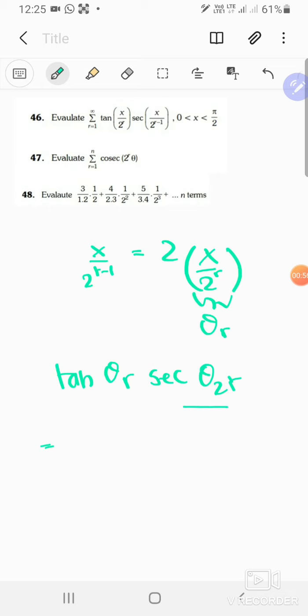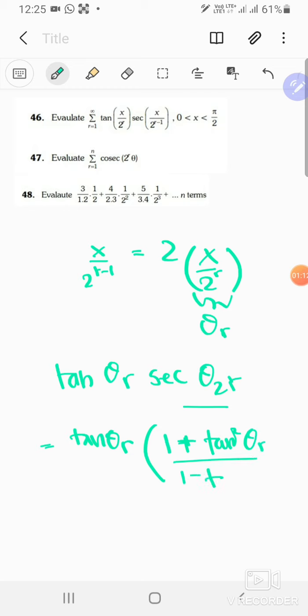But then I can actually write it in a different way. So tan of theta r, and then this thing can be written as 1 plus tan squared of theta r upon 1 minus tan squared of theta r. Okay, so can we somehow make some connection?